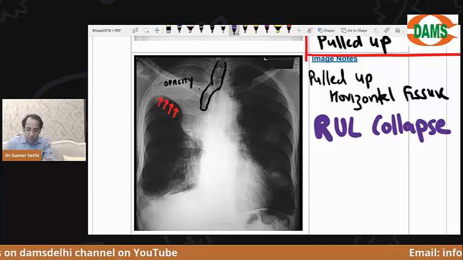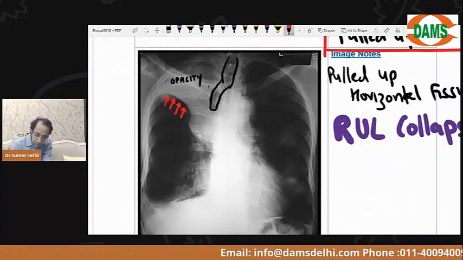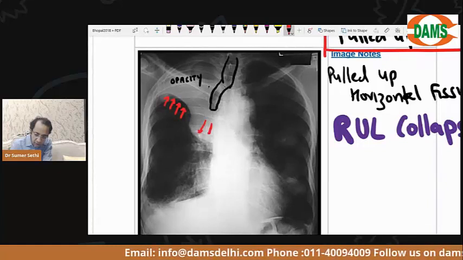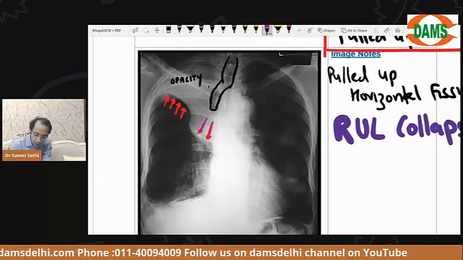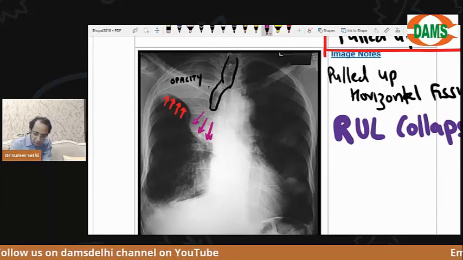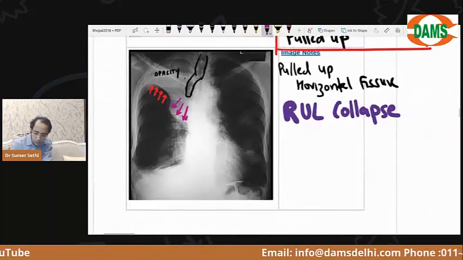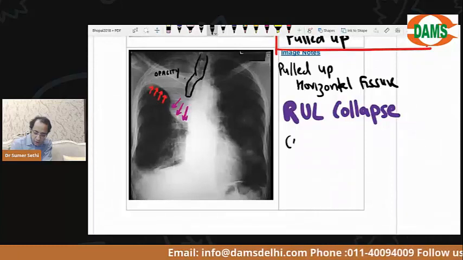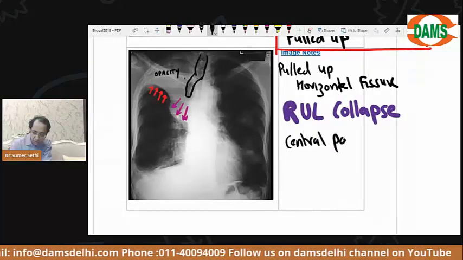But my question is, if it is a collapse, why is the central part of the fissure, which I'm marking now, pushed down?